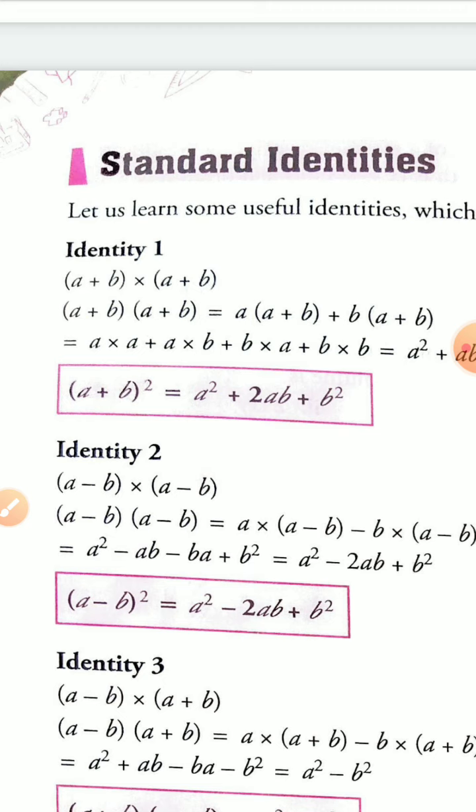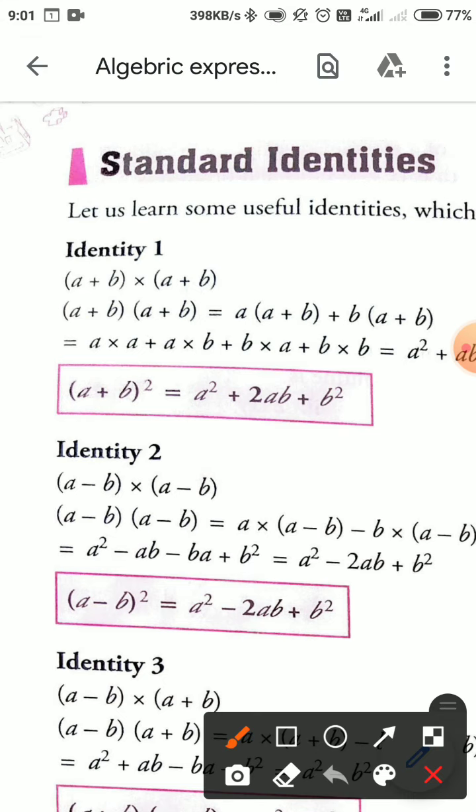That is, if we take the binomial a plus b and multiply this a plus b with itself, that is a plus b, what you will get is a plus b into a plus b, right?